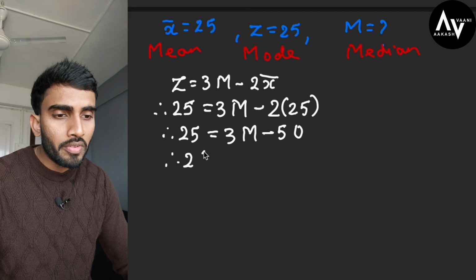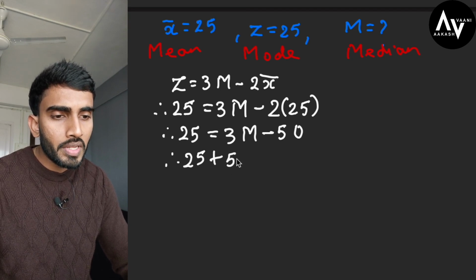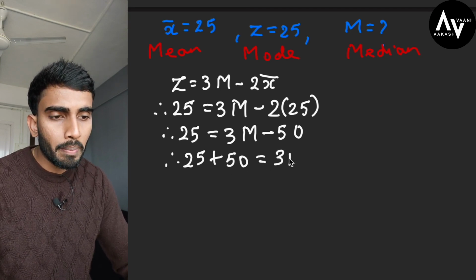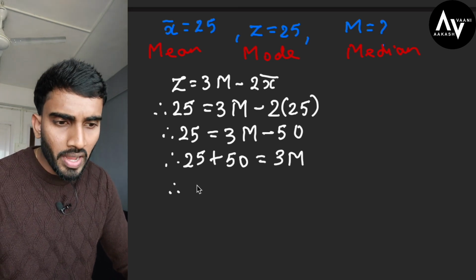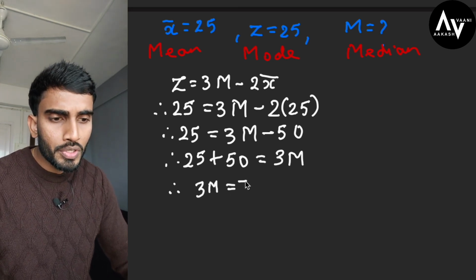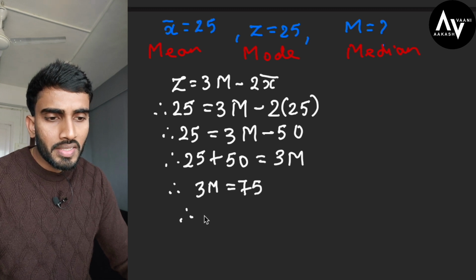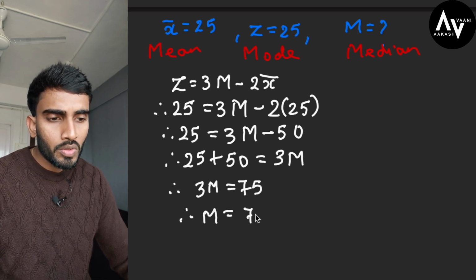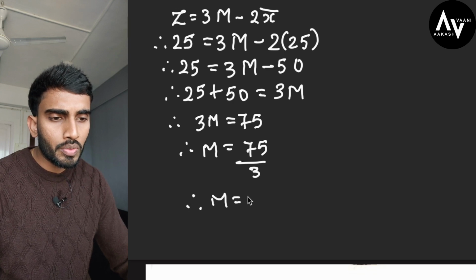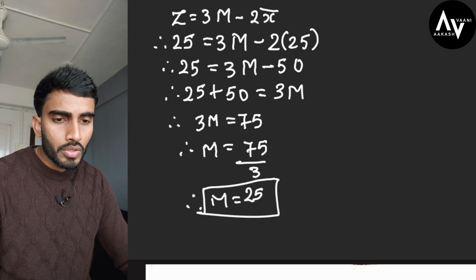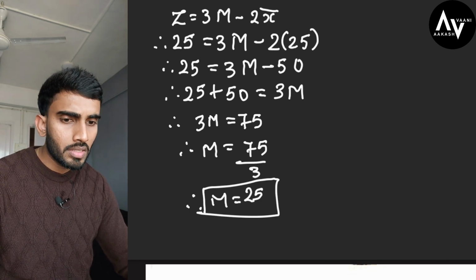So this becomes 25 plus 50 is equal to 3 median. And 25 plus 50 gives us 75, so 3m is equal to 75, and the 3 will go for division down. So 75 by 3, we get median is equal to 25. So the answer is median is 25.